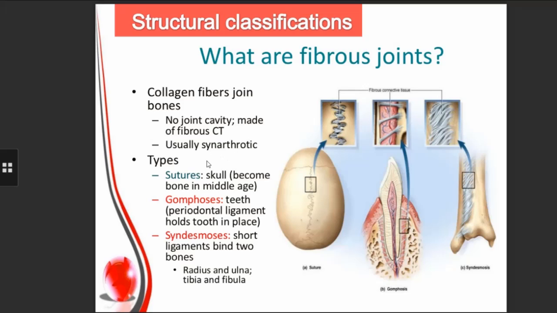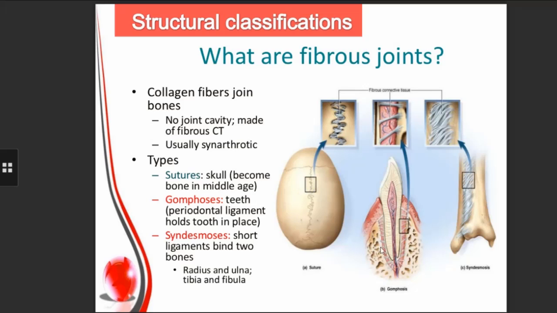First one is the sutures. These are the sutures present in our skull. The skull bones become fused in middle age. They again fuse with each other with the progress of age. Second one is the gomphosis.